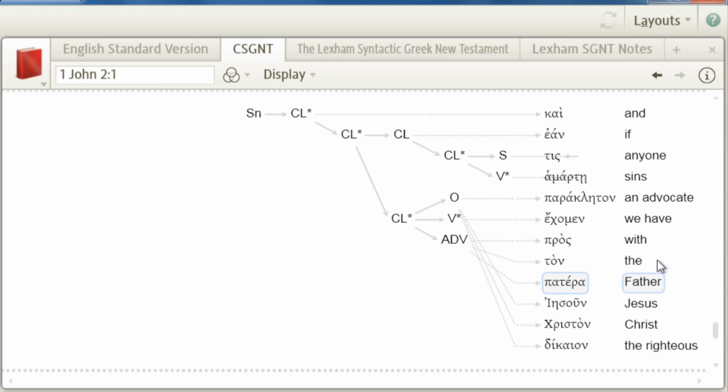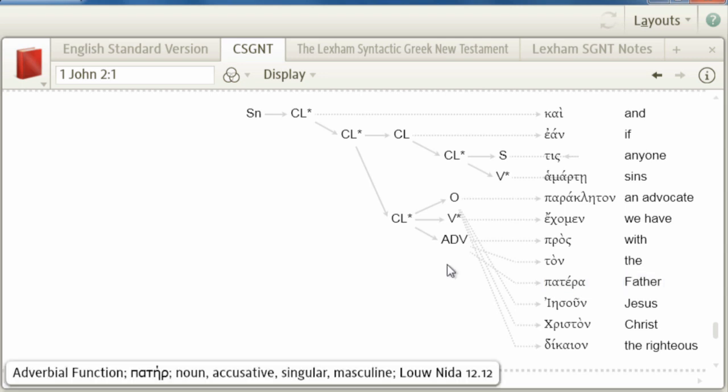And if you didn't catch all that, we'll go over those kinds of concepts more in the prepositions section. You can see that the graph has pros ton patera, with the father, separate from the object of the clause. The prepositional phrase has an adverbial function. That means it tells us a little something more about the verb echamen, we have. So where do we have an advocate? We have an advocate with the father.